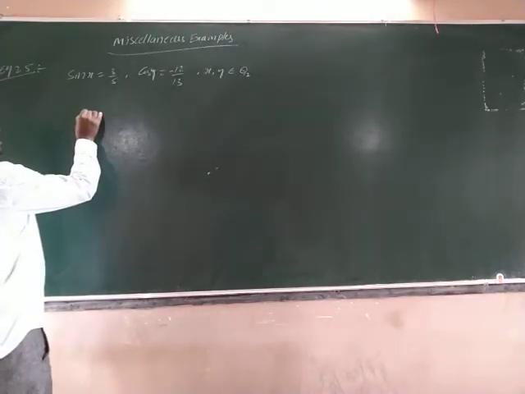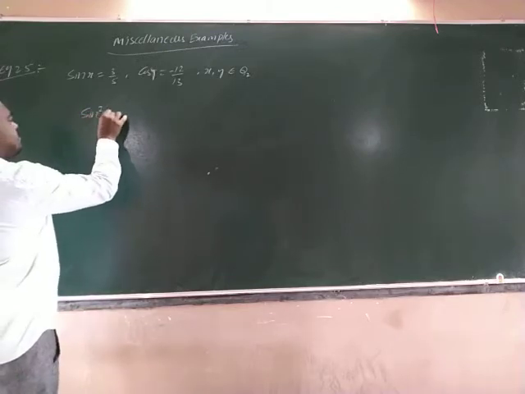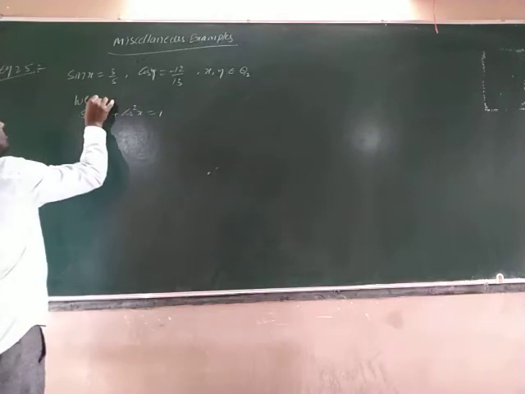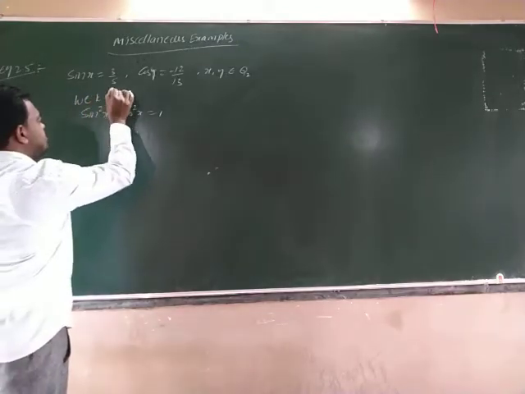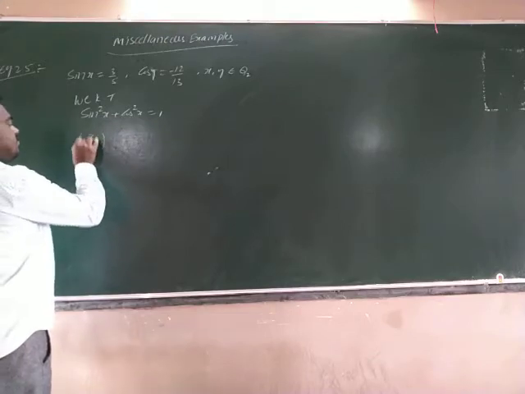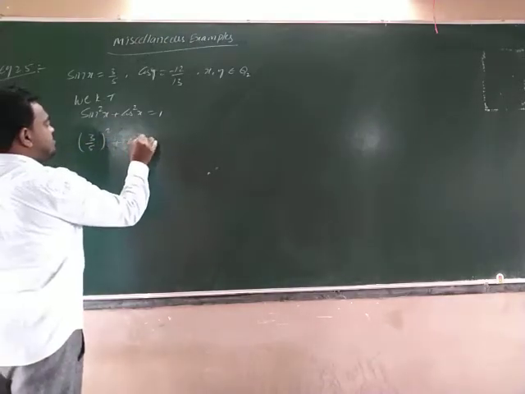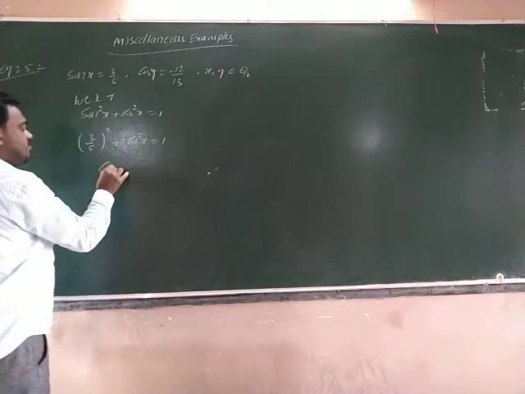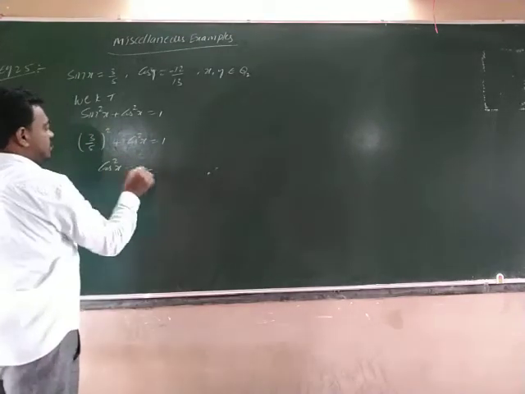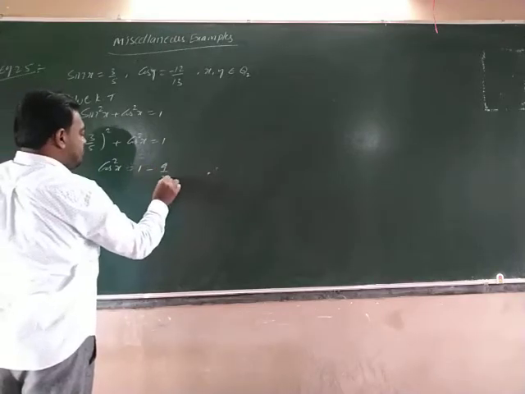See, we know that sin square x plus cos square x is equal to 1. From this, sin square x is 3 by 5 whole square, plus cos square x is equal to 1. So cos square x is equal to 1 minus 3 by 5 whole square, that is 9 by 25.